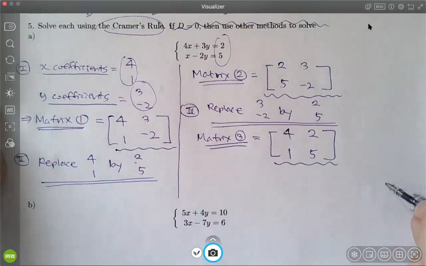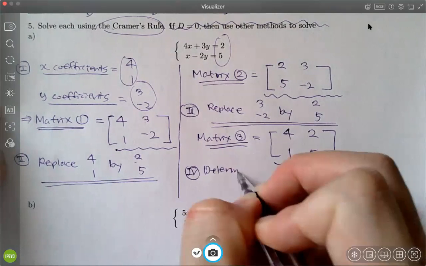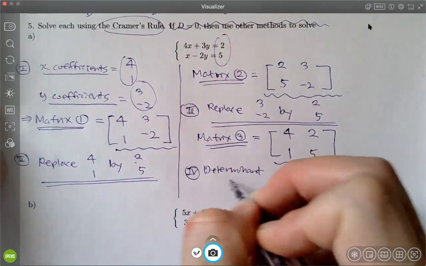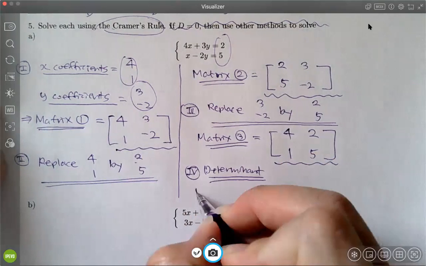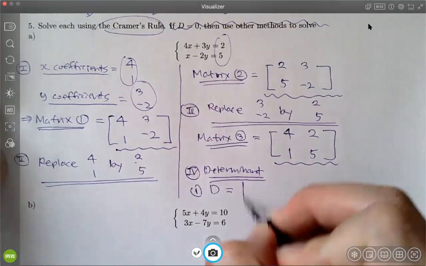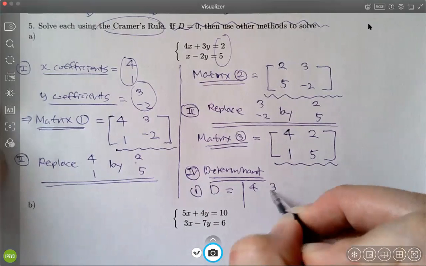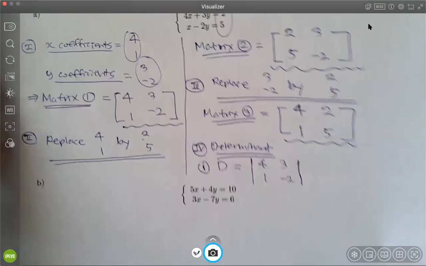So what's the next step? Determinant. First, let's find D. What does D represent? D is the determinant of the first matrix. Yesterday we saw this notation: the matrix without the square brackets, with absolute value bars, means the determinant.